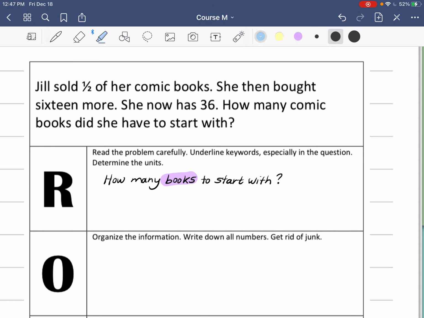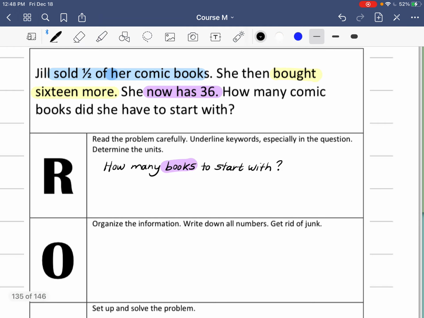Let's highlight. She sold half of her comic books. She then bought 16 more. And she now has 36. So let's pull those numbers. She sold half of her books.